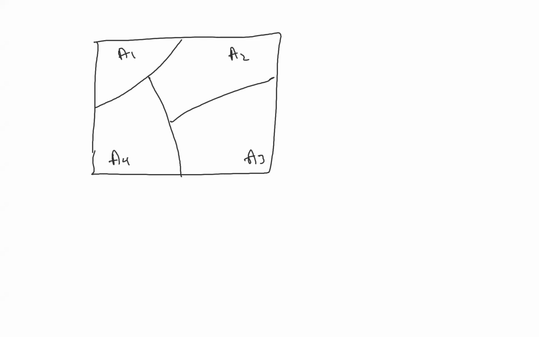Now we can have some set B. Looking at this kind of demonstration, the probability of B is equal to the probability of the aspect of B that intersects with A1. That's this place.